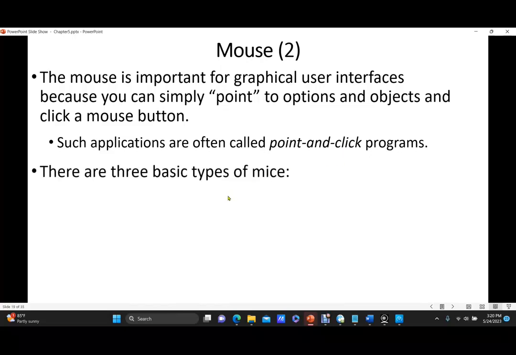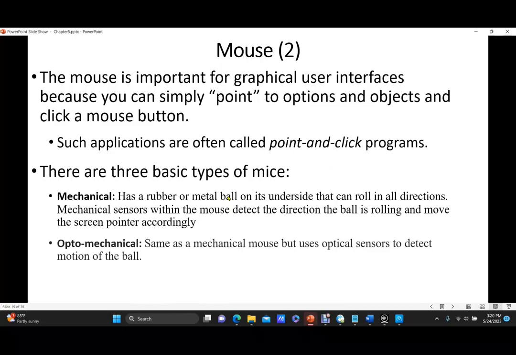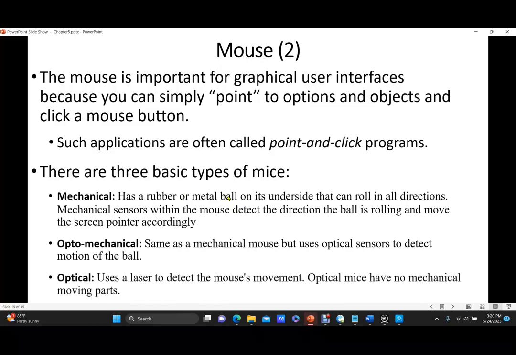There are three basic kinds of mouse: the mechanical, optomechanical, and optical. The mechanical mouse has a ball, rubber or metal, on the bottom side, and as you move the mouse, the ball turns, and mechanical sensors inside the mouse detect the direction that the ball is rolling, and it moves the screen pointer accordingly to how the mouse moves.